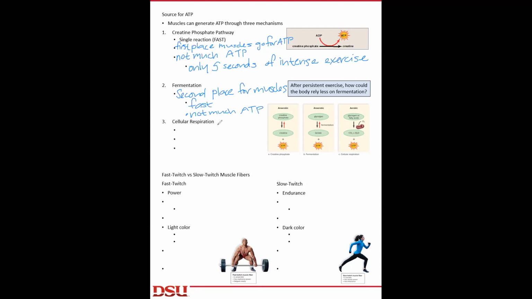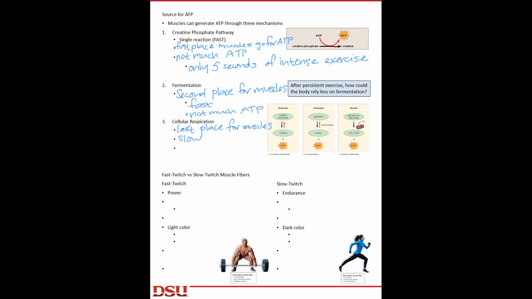Okay. Then of course we have cellular respiration. This is the last place muscles go, because compared to these other 2 pathways, cellular respiration is slow.